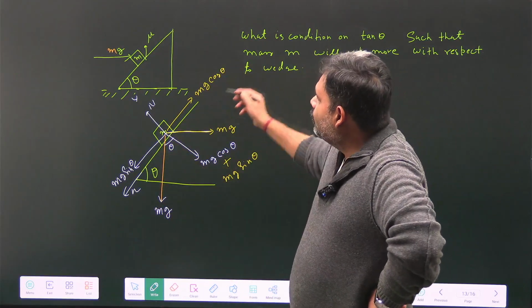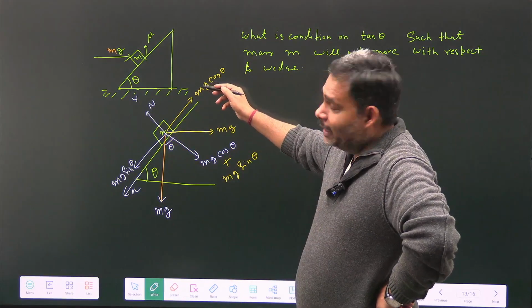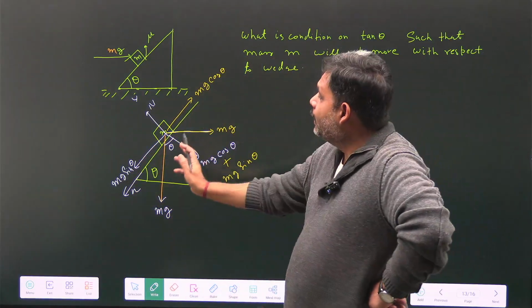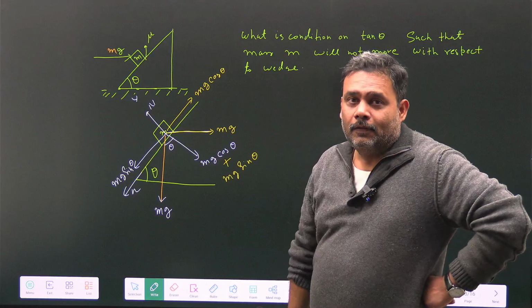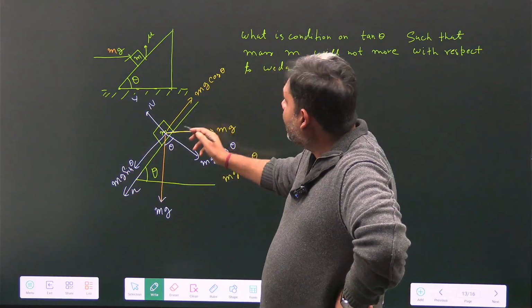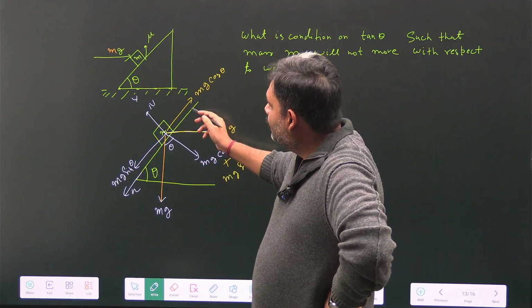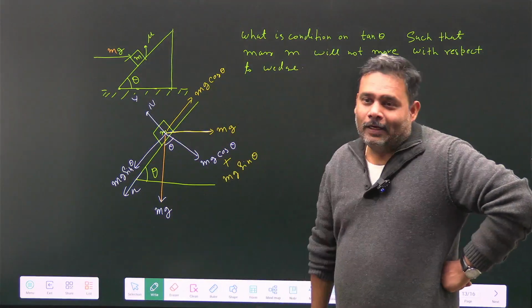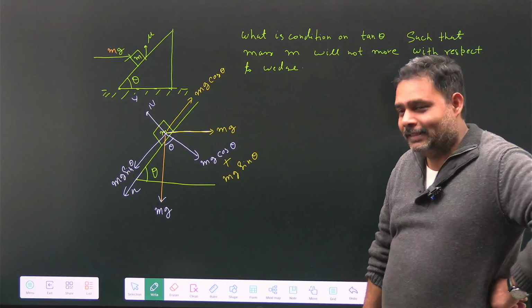So if this force is enough to balance this one as well as the frictional force, then the particle can go upward. And if this force is going to balance this one and the frictional force, then it can go downward. So again, you have to discuss the two cases.